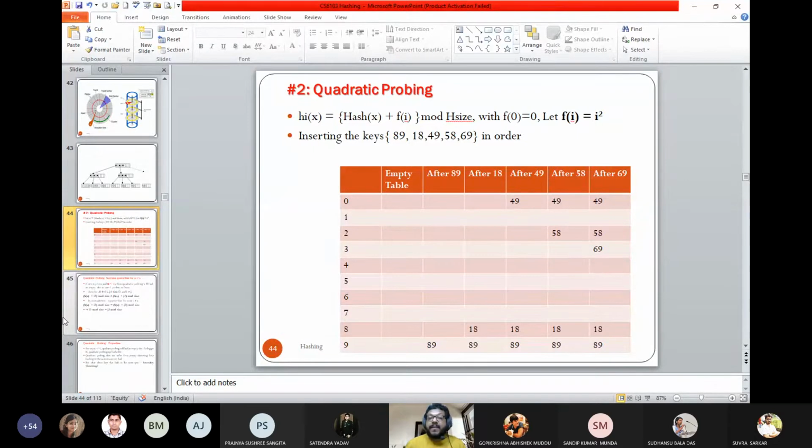Suppose you store 61 after 11, 21, 31, 41, then imagine 5 comparisons are required even at retrieval. Because when you search for 61, the hash function maps to location number 1, which is occupied. So you again use linear probing, go to the next location, and the next location. So the number of comparisons is more. That effect is known as the clustering effect.